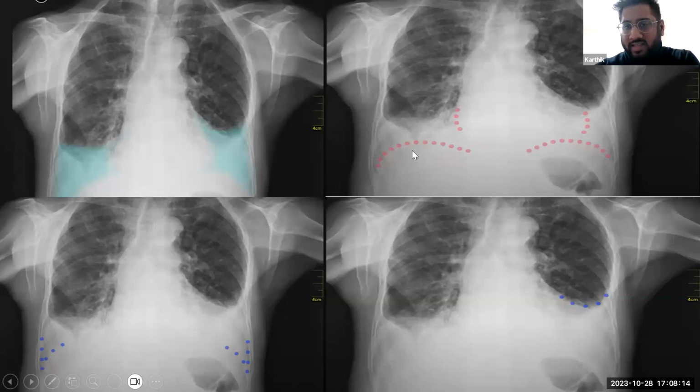Here is what we call the silhouette sign, where the normal anatomical borders we can no longer see, so we can't see the hemidiaphragm clearly, or the cardiac borders properly. And the final sign is the meniscus line here that we talked about in the first lecture.